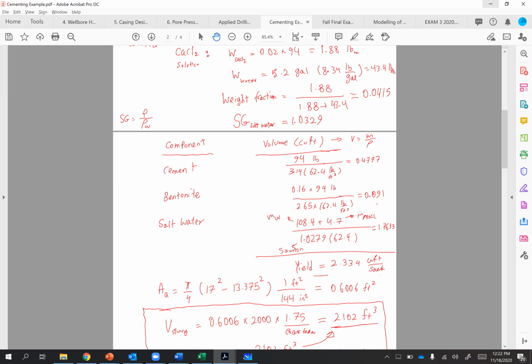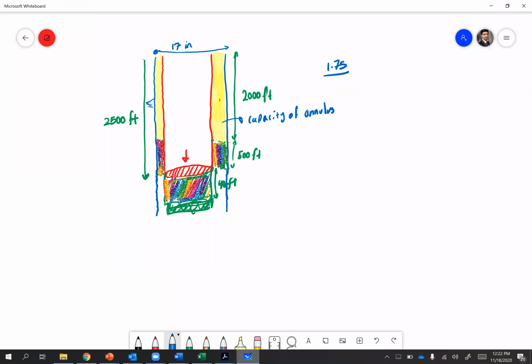All you need to know is the specific gravity of each component, and that's it. And also do a correct calculation in this area, right? Understand the problem of how much cement you would need on what area, basically, right?